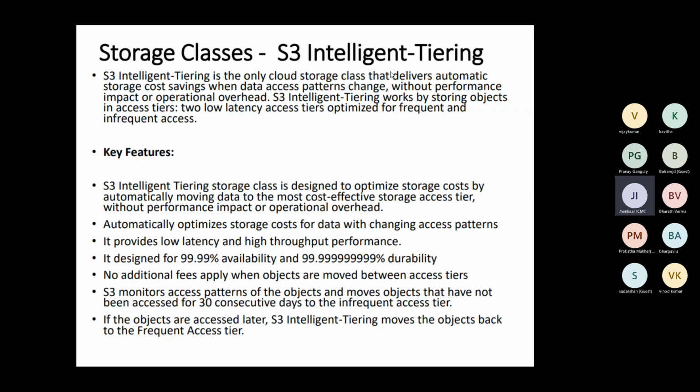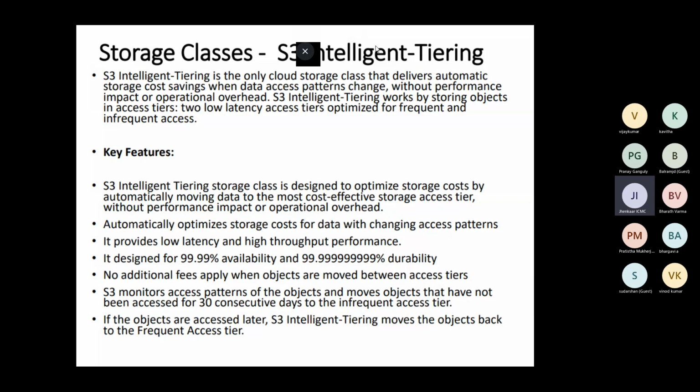When we are using S3 Intelligent-Tiering, the data which we access frequently is routed into one layer, and if it observes that the data is not accessed very frequently, then it is stored in another layer.